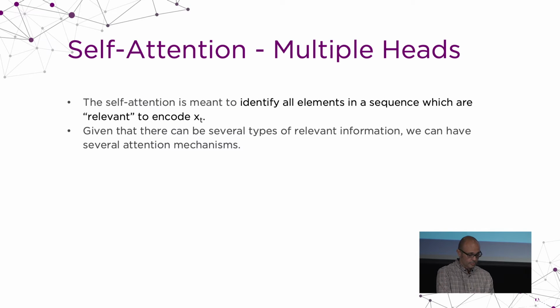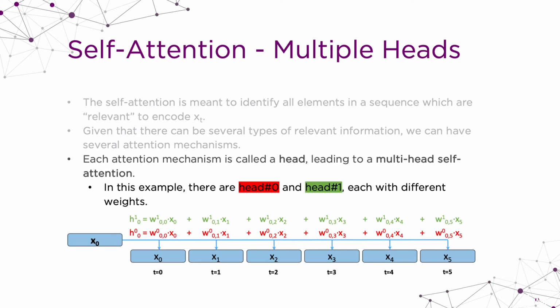And how can we implement that? I said that I will just run the self-attention more times. In this example, I'm only using 2 heads, but you see that, let's say we focus on just one head, head 0. You see that the equation is exactly the same that you saw before. So we are doing exactly the same thing.